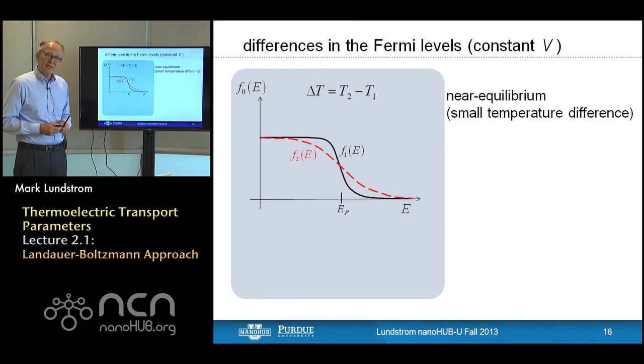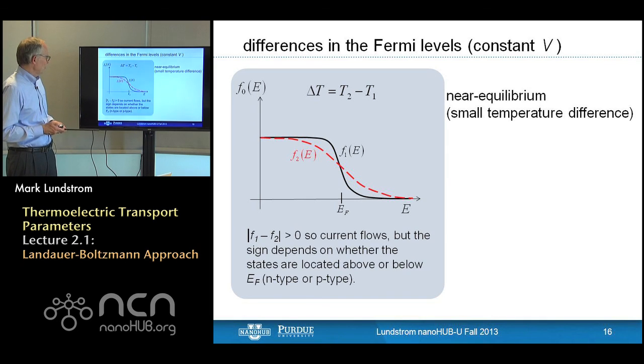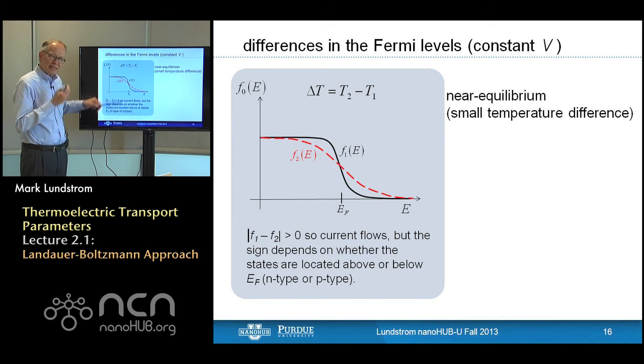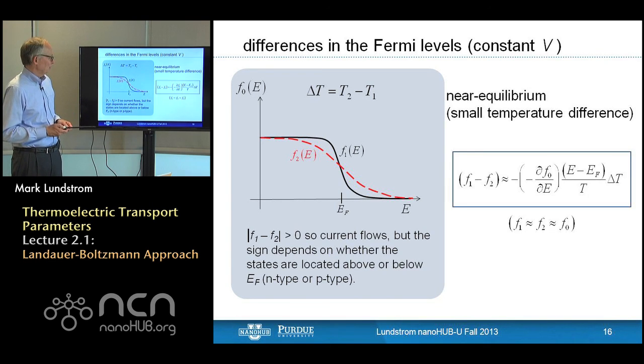Above the Fermi level, the difference F1 minus F2 is negative. That's what leads to a change in sign. For example, the thermoelectric coefficient is negative for N-type materials, positive for P-type materials, because you're dealing with states that are either above or below the Fermi energy. Okay, so F1 minus F2 flows, but it depends on whether the states that we're concerned with are above or below the Fermi level. That will determine the sign of the current flow.